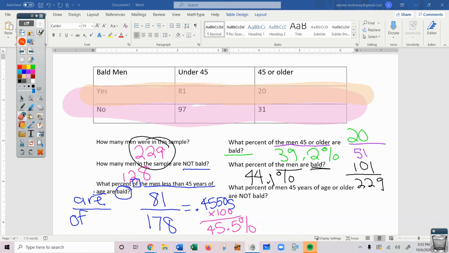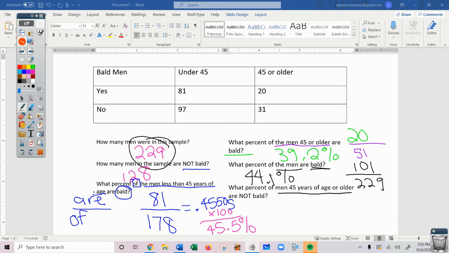So when we look at this, here's what we should have done. For this one, if we are looking after the word "of," men 45 years of age or older, so that gives me 51.